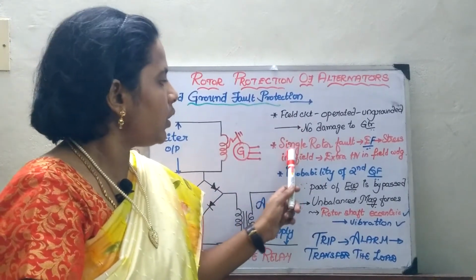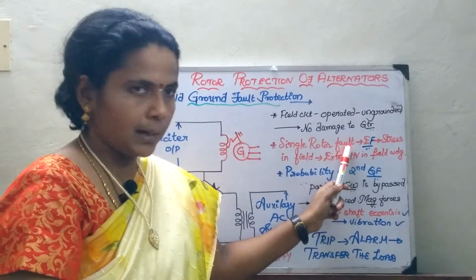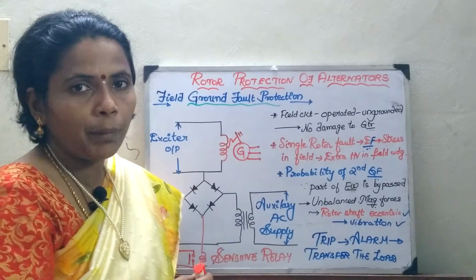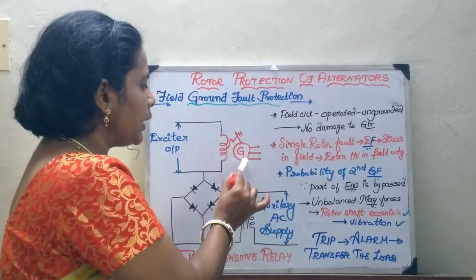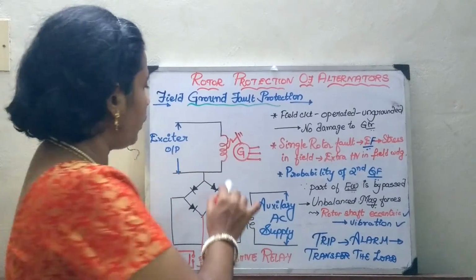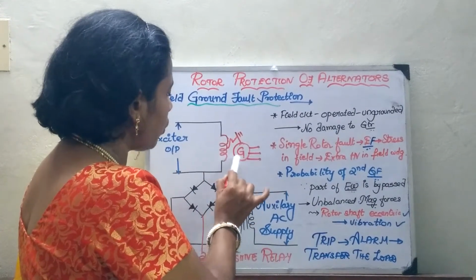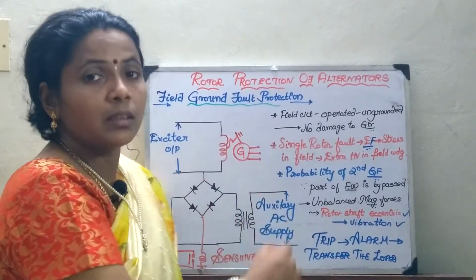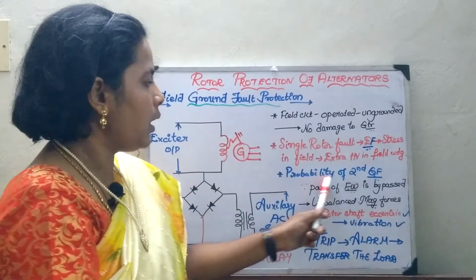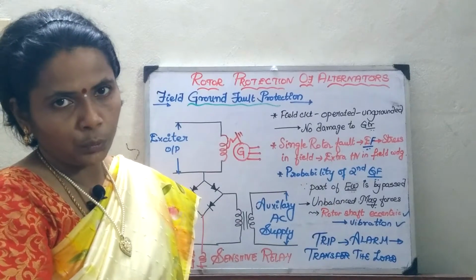Now, if a single rotor fault occurs, let us take an earth fault occurring. In that case, what will happen? The stator will induce a very high voltage in the rotor. Whenever there is excess voltage on the rotor, what happens? There is a probability that a second ground fault might also occur in the circuit.